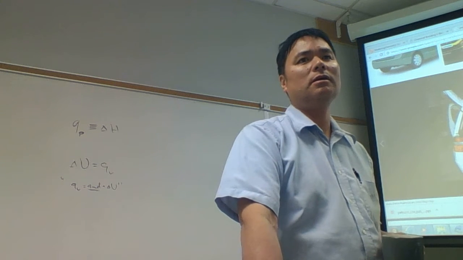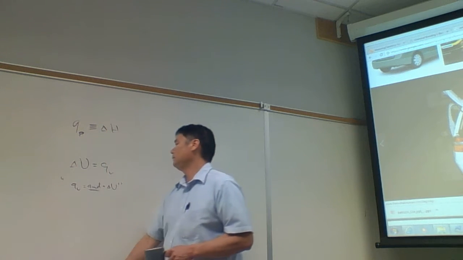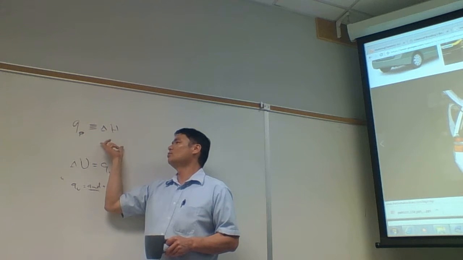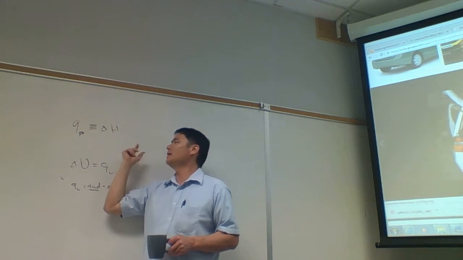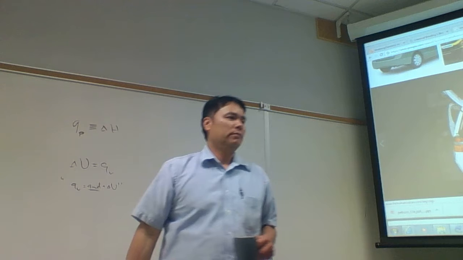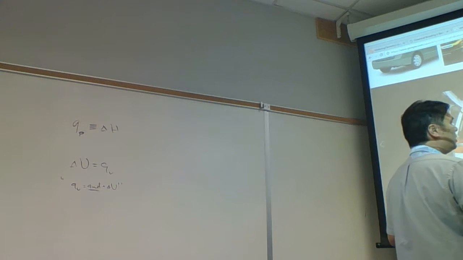Does that make sense? And so the situation here is, if we don't restrict the work, then, well, it depends. We could do lots of reactions under constant pressure. We want to figure out different ways we could use the chemical potential energy stored in the natural gas.